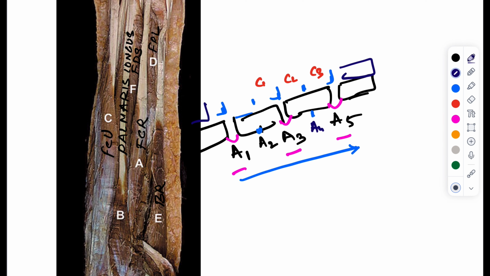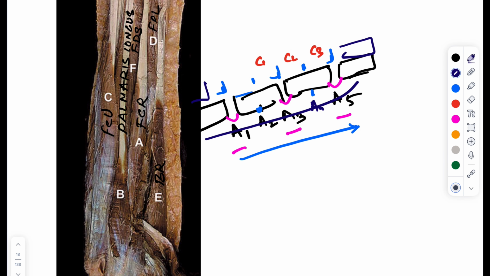So there are roughly eight pulleys, and so the bowstring is prevented.